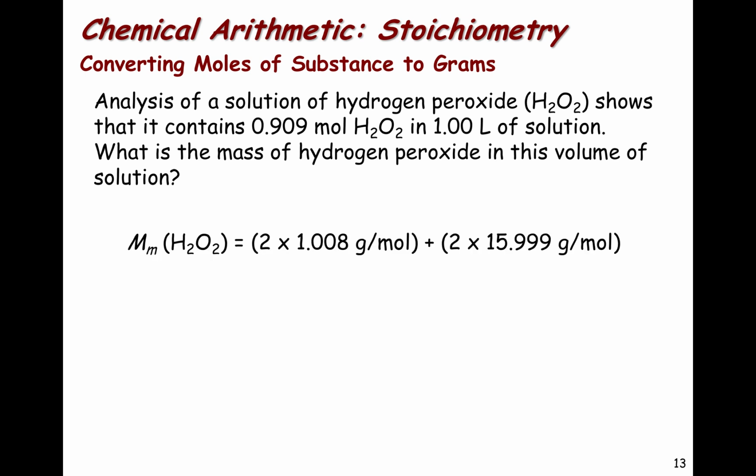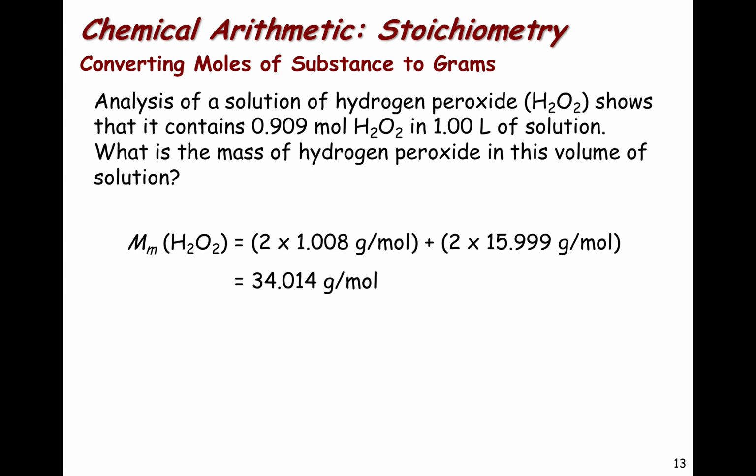So we look at the periodic table, multiply the atomic mass of hydrogen by 2, and add that to 2 times the atomic mass of oxygen. Putting this in the calculator, we get 34.014 grams for every 1 mole.